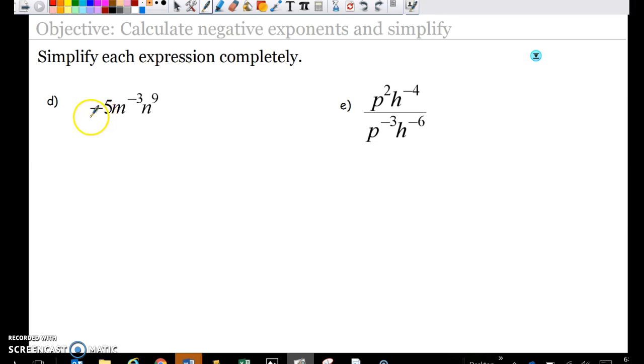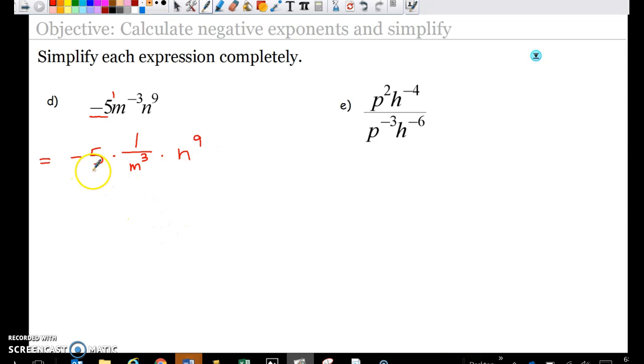Now I have a number base. What's the exponent on negative 5? The first power. M to the negative 3rd, n to the 9th. Okay, so again, this is going to be negative 5, the first power, which is negative 5, times the reciprocal of m to the 3rd, 1 over m to the 3rd, times n to the 9th.